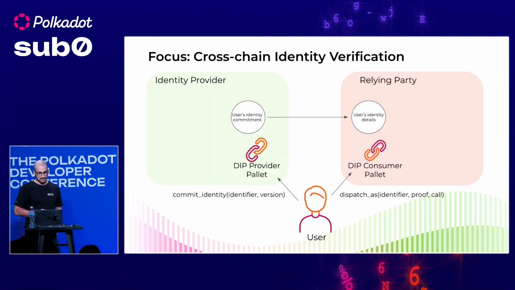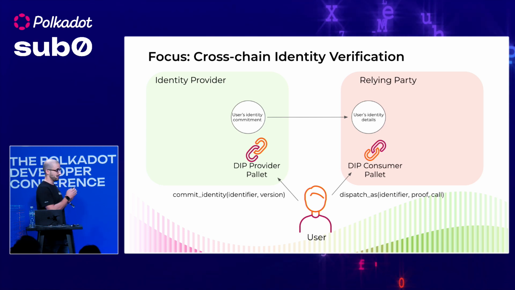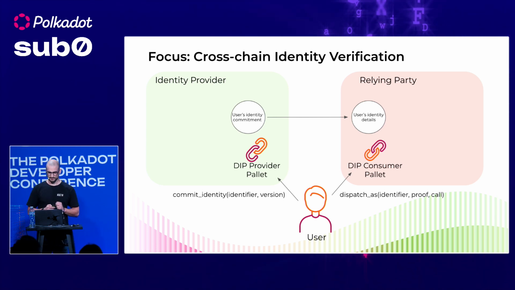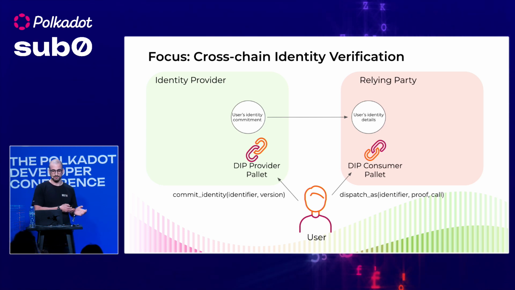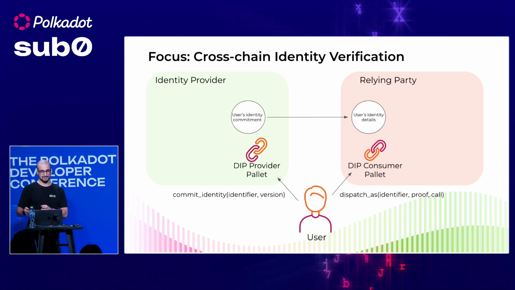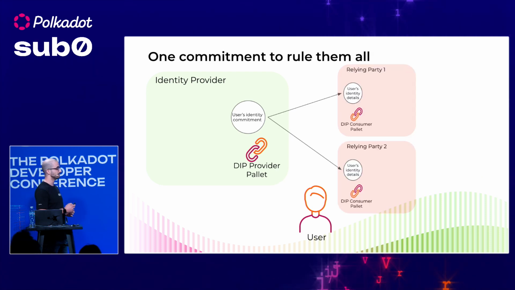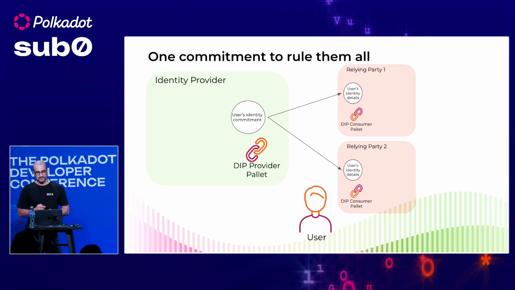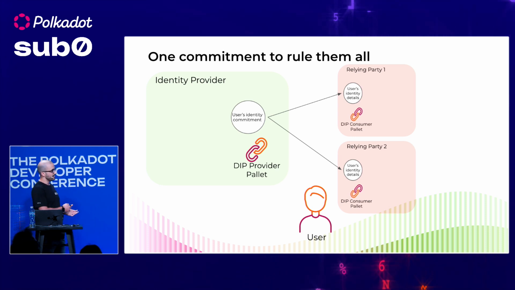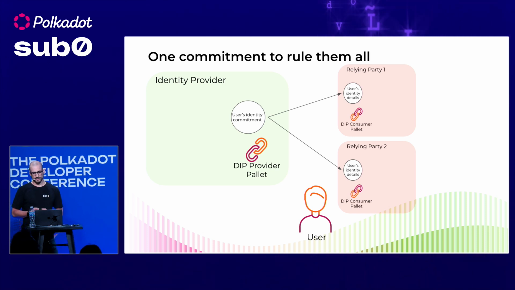So to recap, there's information that is inherent to a user's identity itself, which is most likely tracked in the commitment on the provider chain, and then there's information that is specific to only cross-chain operations, which is tracked on each consumer. Then here is the same representation of the same identity commitment, but used by two different chains.